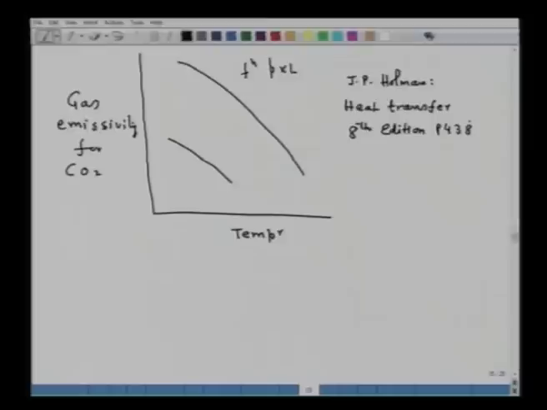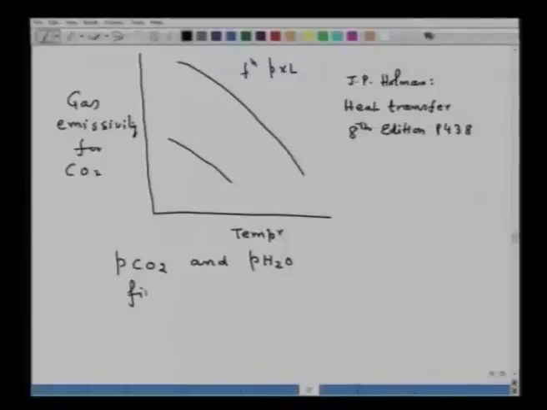These diagrams are given, and from them the value of emissivity can be determined. How will you determine it? From the composition of products of combustion, you first determine PCO2 and PH2O, which can be easily determined from the products of combustion.